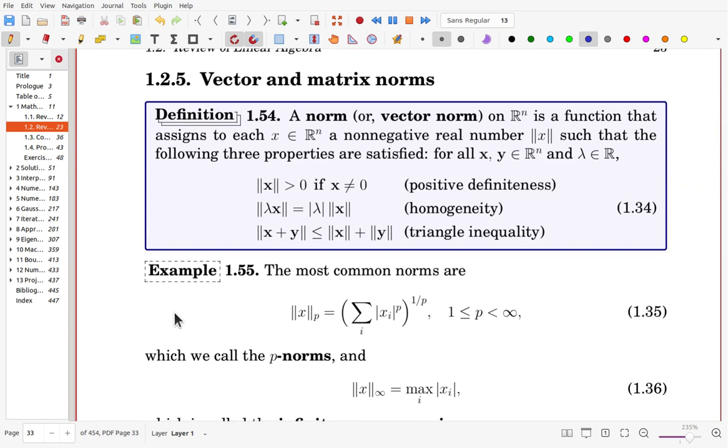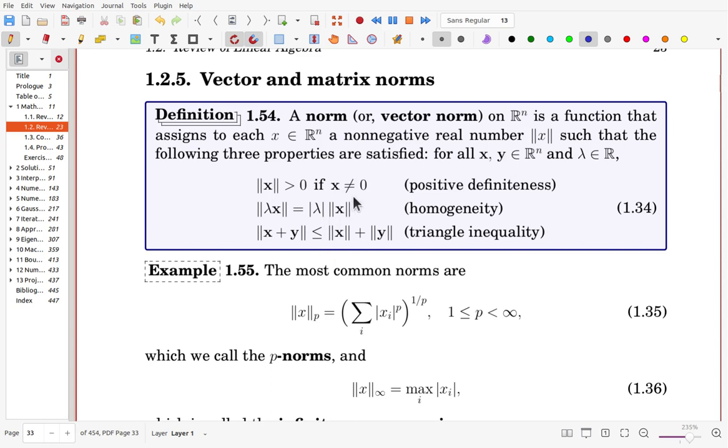Okay, here we define norms, vector and matrix norms. A norm is a function, and we use this notation, the double bar. But this function should satisfy these three conditions.